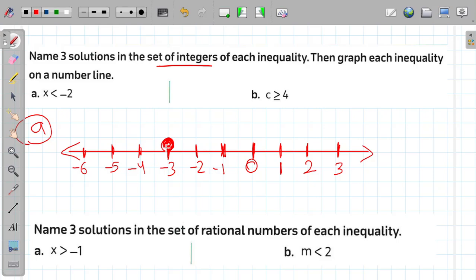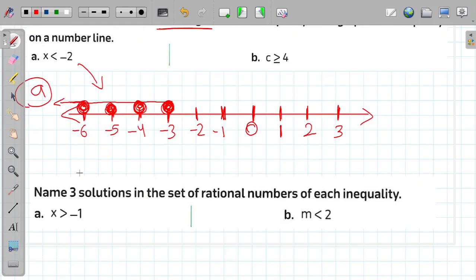So the first solution for the inequality is -3. And after that I have -4. Next, I have negative 5. Next, I have negative 6. So all of these numbers can be a solution, and so on, because I have numbers less than negative 6. So the solutions will be negative 3, negative 4, negative 5, negative 6, and so on. This is the first inequality.